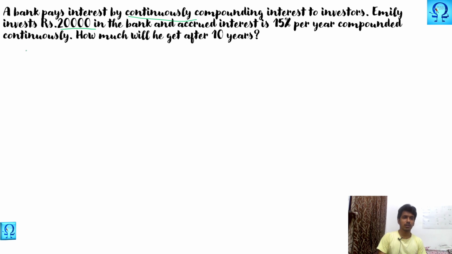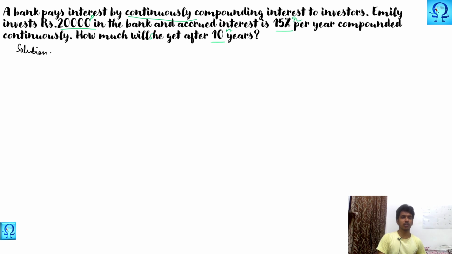So, the principal is 20,000, and the interest rate is 15 percent per annum, compounded continuously. How much will she get after 10 years? So, N is 10, R is 15 and P is 20,000, with which we'll calculate the requirements.